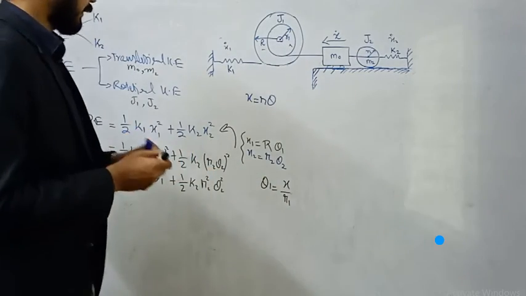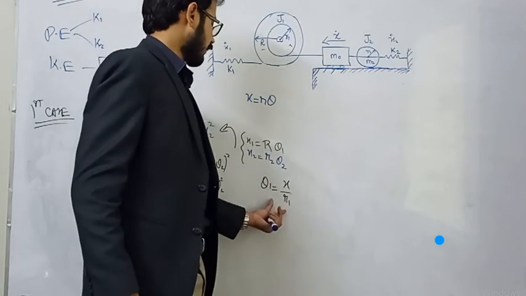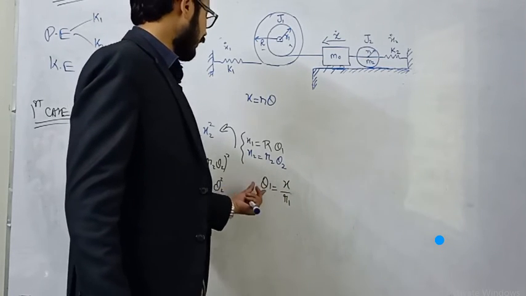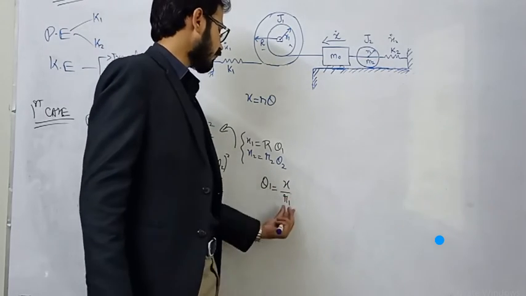Can we write theta 1 as x over r? Again the formula is the same, x equal to r theta. So what I have done is just replaced theta 1 with x over r1. Why?